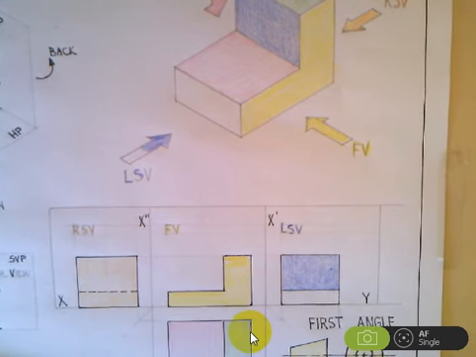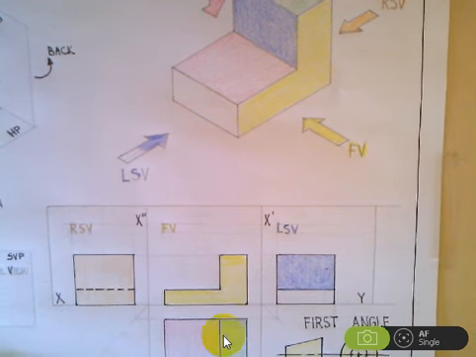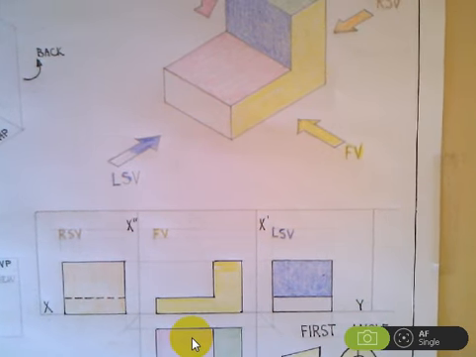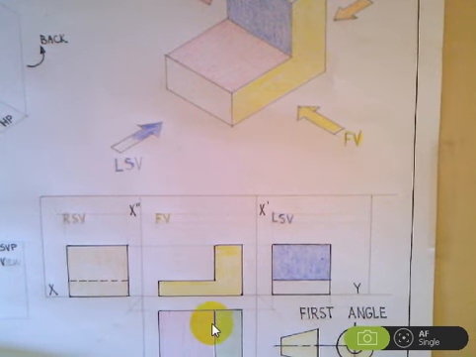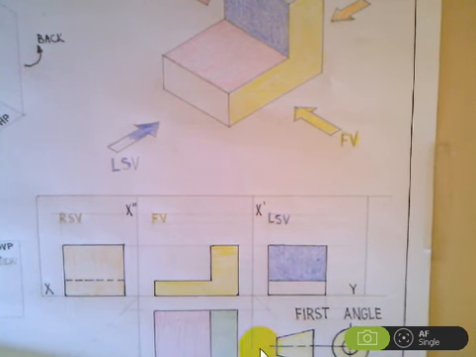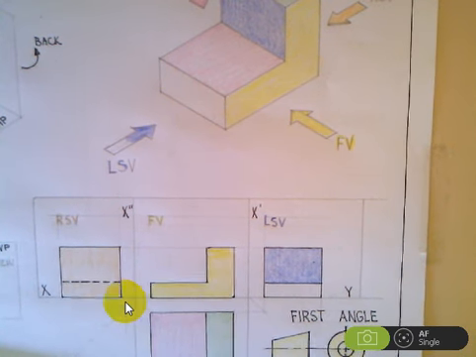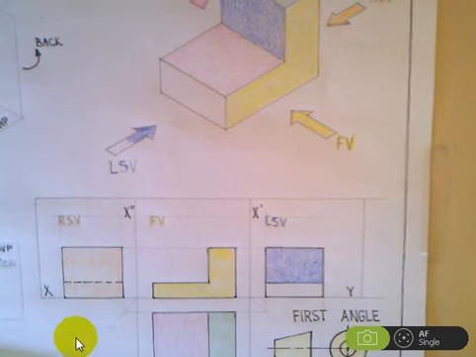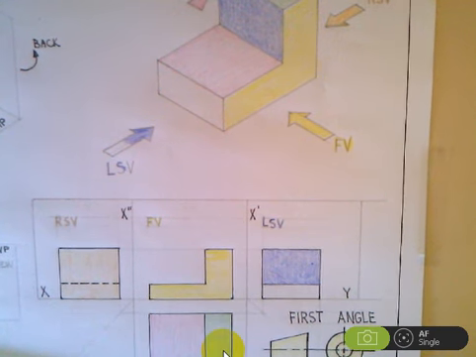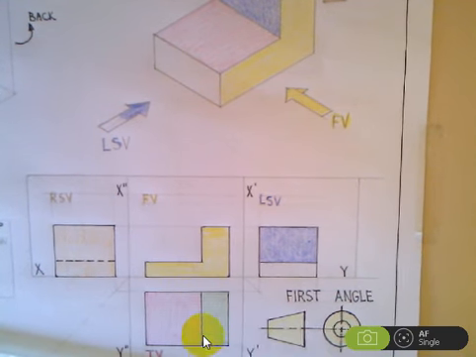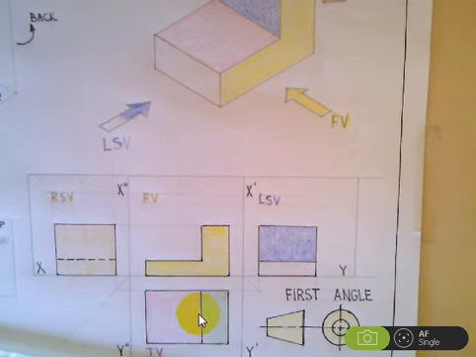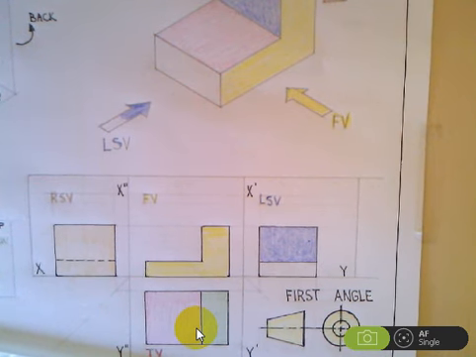It's the same length. The height, I can't see height in the top view, but my depth comes from my side views, because if I draw a 45-degree angle line there and I project that down and bring it across, that will give me the depth of the top view automatically.